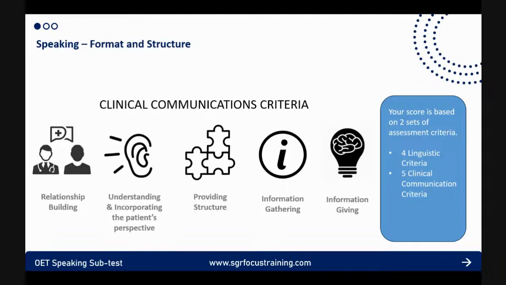The second one is, I would say, quite a common error with OET test takers: you're not giving evidence to OET that you understood and incorporated the patient's perspective. What it means is that if your patient is asking you a question, did you answer it? Or did you ignore them?